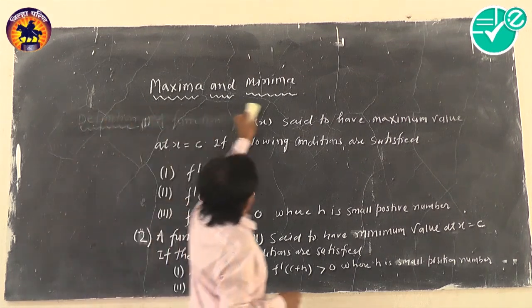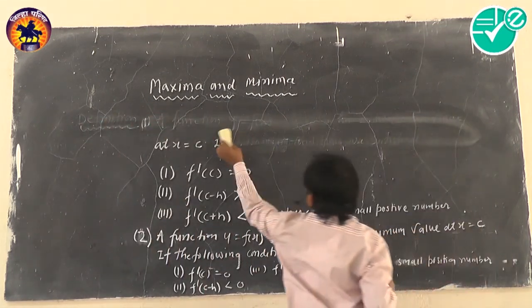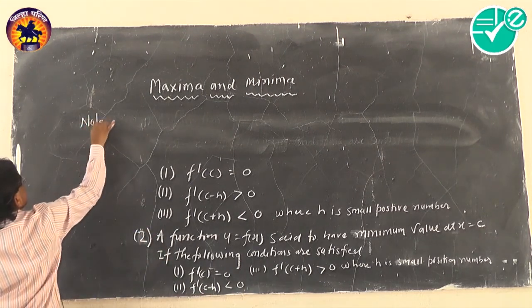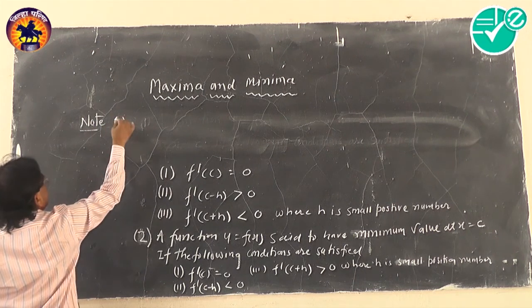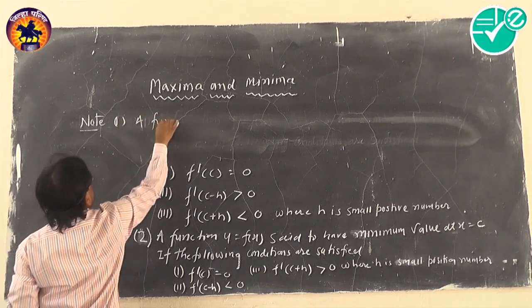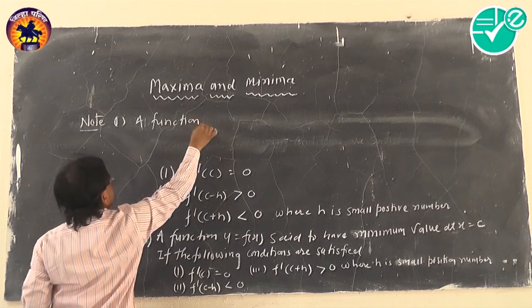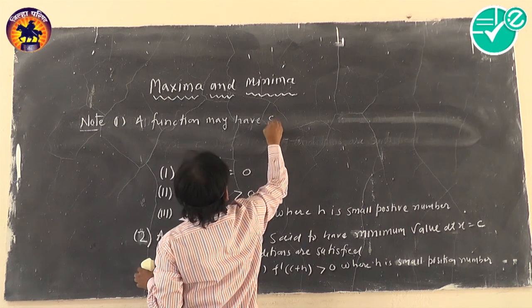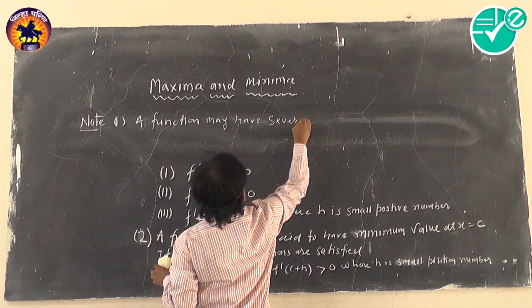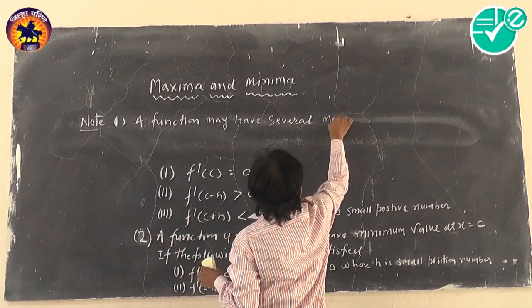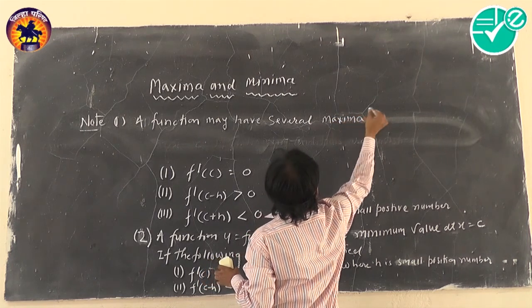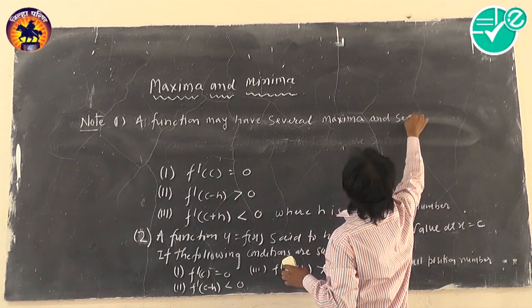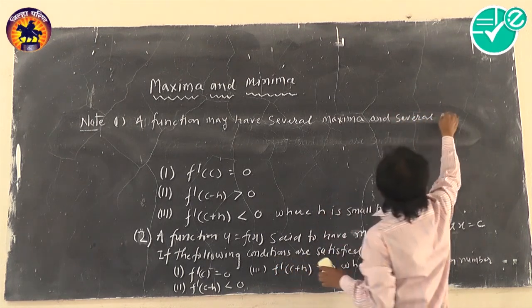Now note that number 1, a function may have several maxima and several minima.